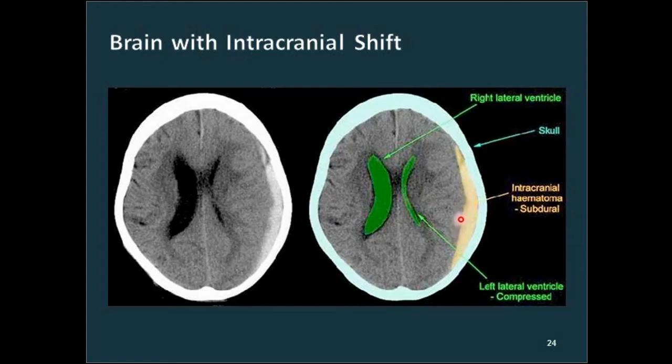This is an intracranial or a subdural hematoma. And all of this blood has collected inside the skull, and it has pushed all of this brain tissue right here that way. And so really what's happened is all this brain tissue has gone over here and collapsed this ventricle. Okay? So that's an example of what we call an intracranial shift.